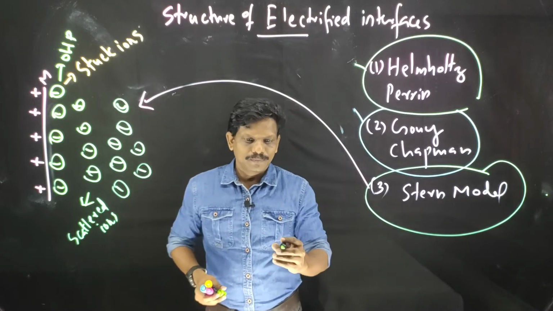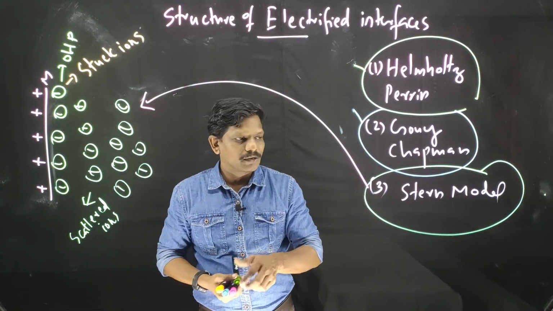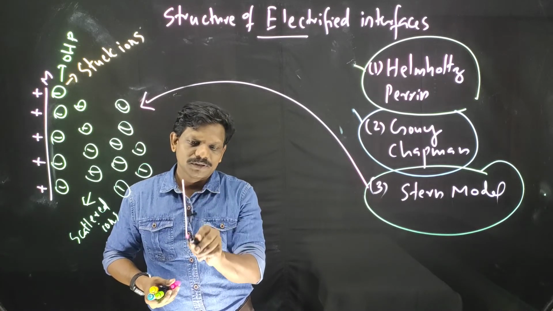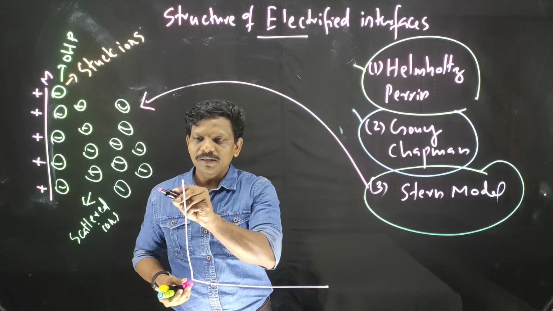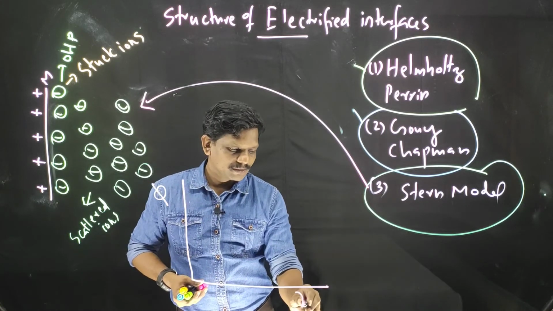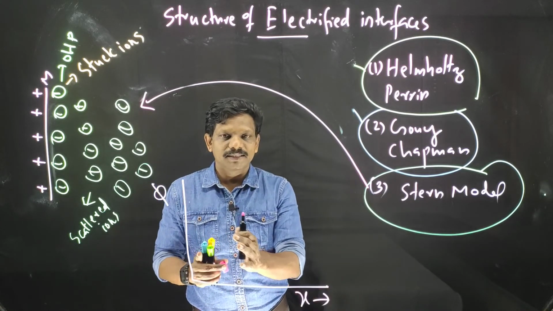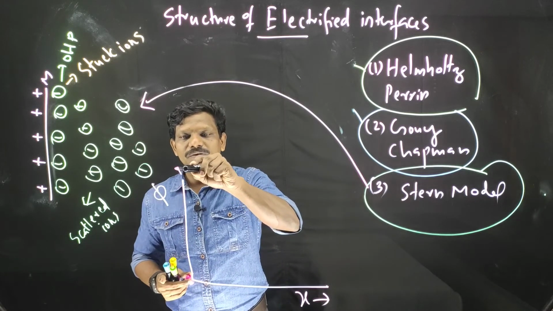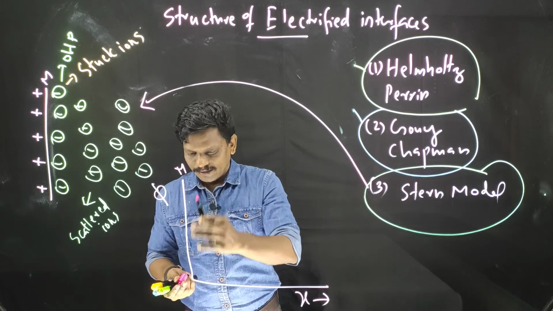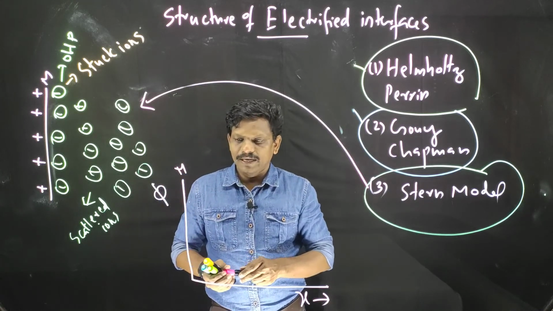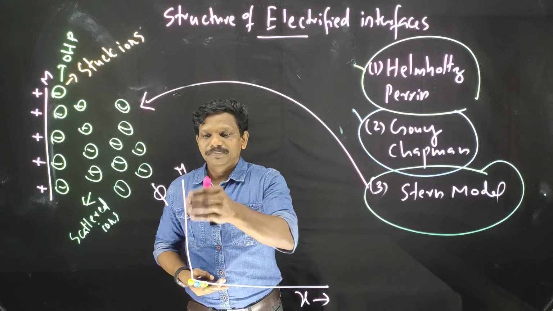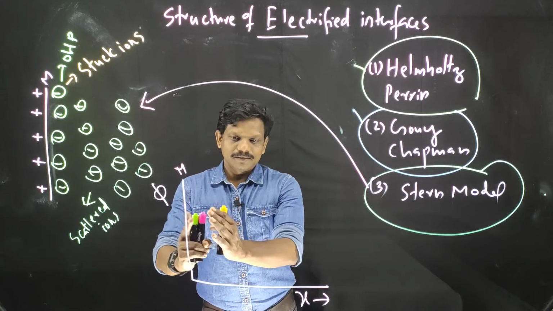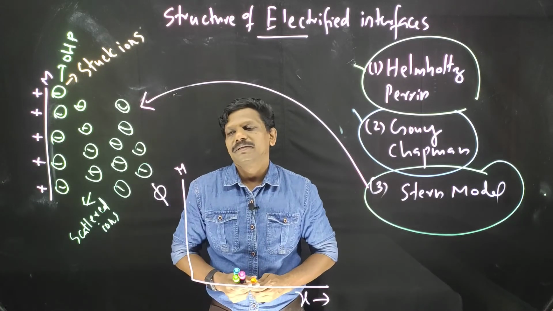So how can you draw the curve for the Stern model, the potential-distance curve? So this is the potential and this is your x. That means x is the distance from the metal. Okay, so this is your metal. This metal is anchored on the y axis. Okay, so this is the metal side and this is the solution side.